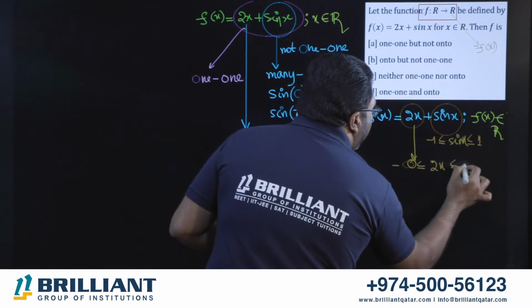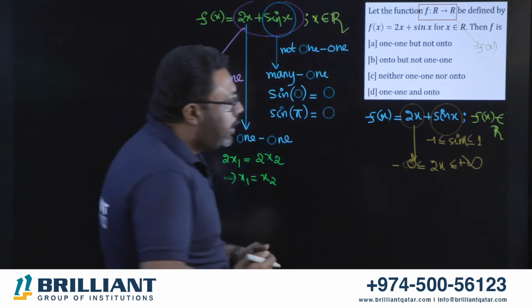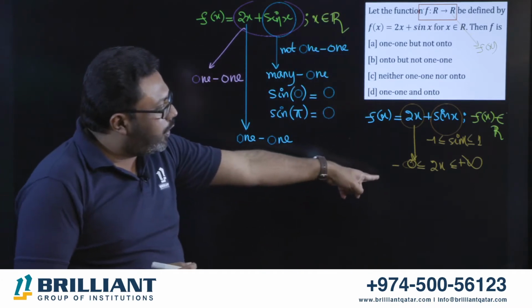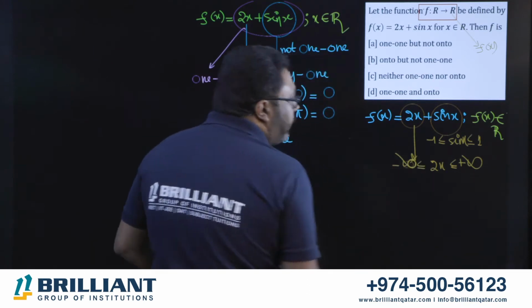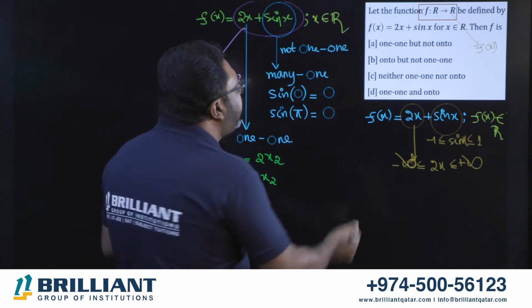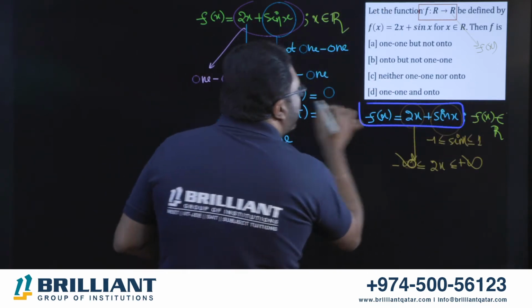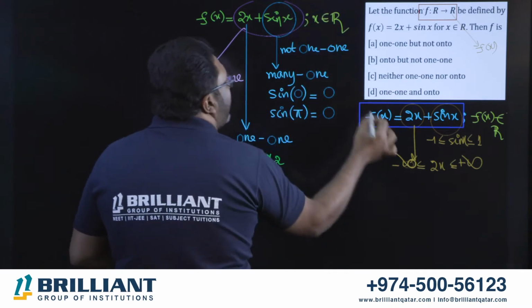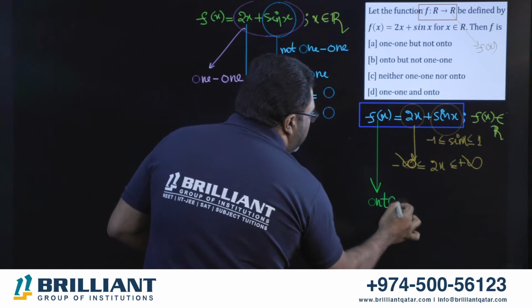Okay, let me write this, -infinity to +infinity. So the combination is going to be again the same result. The combination is also going to be onto.